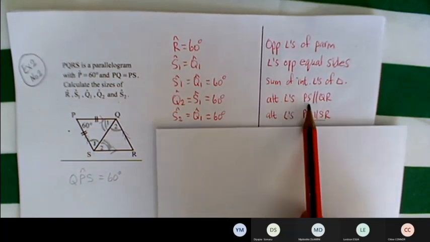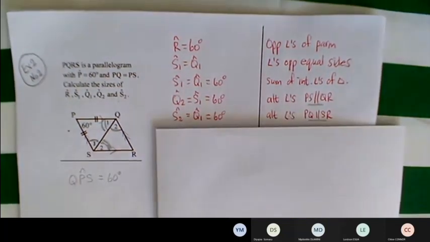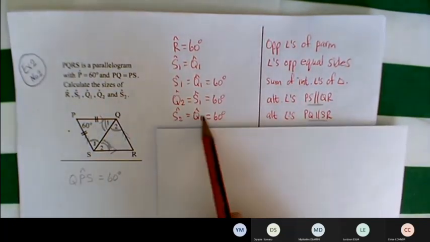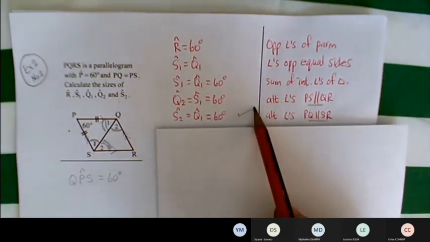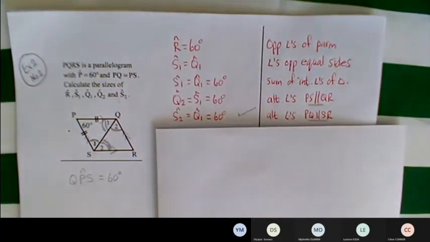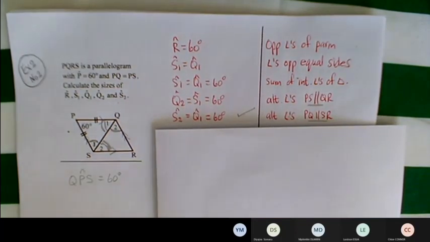Always include this in the reason. If you don't put this in, they're not going to give you that mark. Most times in the exam, this whole statement is only 1 mark. If you leave out this part, they're not going to give you that mark. So please be careful. Geometry, you can know it, but if you don't write everything, it's a problem.